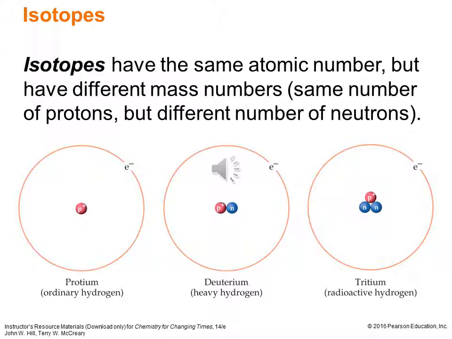If we were to try to add a third neutron, we don't have a stable enough atom anymore, and I don't think that there's been a case where you have a hydrogen atom that's been able to be stabilized with the 1 proton and 3 neutrons. So we just have the protium, the most stable and most abundant type with no neutrons, just the 1 proton, deuterium, 1 proton and 1 neutron, and then tritium, 1 proton and 2 neutrons.